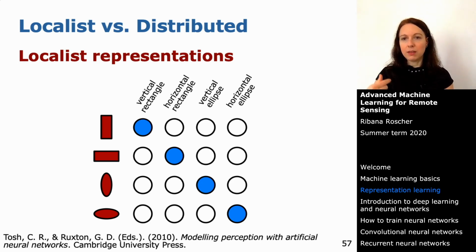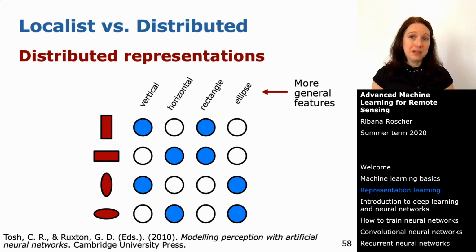So they are vertical or horizontal, and if you want to represent all of them, you need a specific representation for all of these combinations. So you need a representation for the vertical rectangle, for the horizontal rectangle, and also for the vertical ellipse and the horizontal ellipse. Every time you change this shape a little bit, you need a new dimension, a new data representation for it.